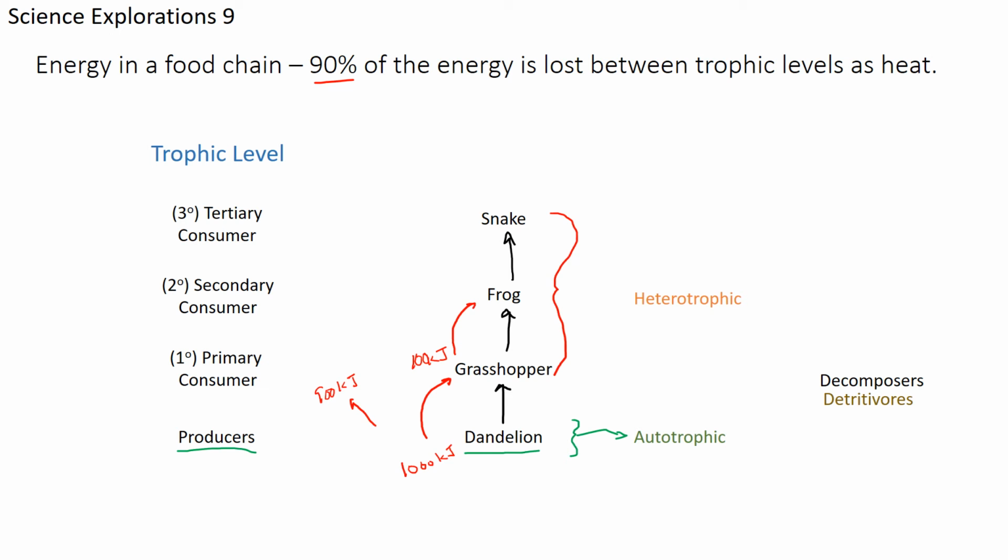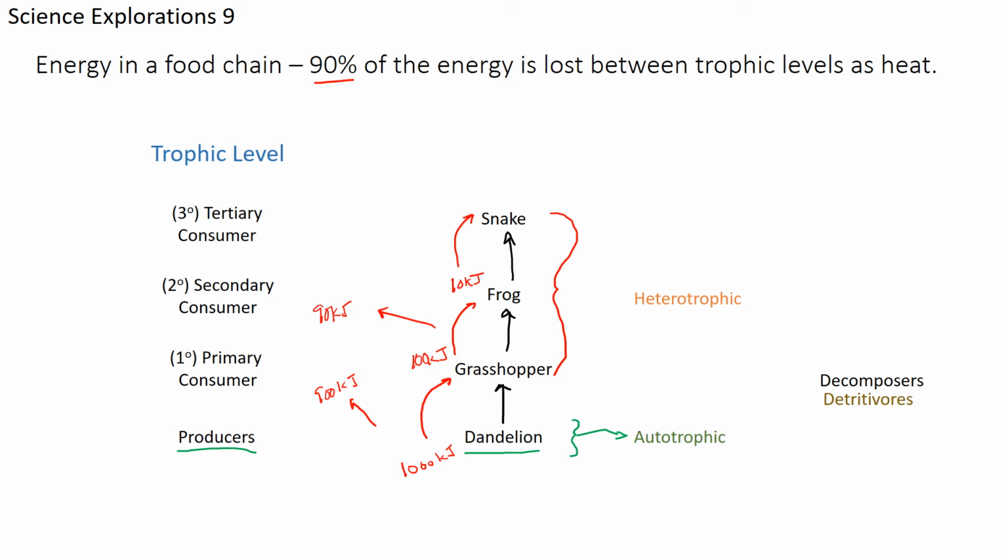And then you can see the same thing will happen with the next transfer, and so we will lose 90 kilojoules of energy in that trophic level transfer as heat, as the grasshopper has to grow and reproduce and jump and all those metabolic activities that a grasshopper needs to keep itself alive burn energy, and we lose that. And so we end up with only 10 kilojoules of energy within the frog.